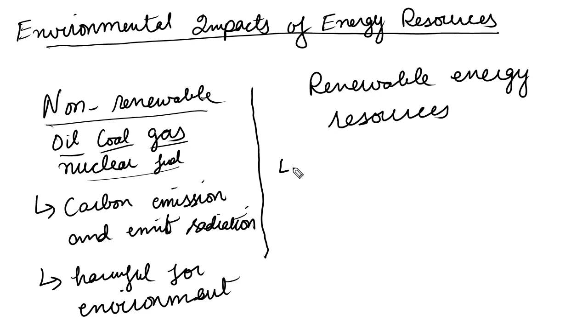On the other hand, although the renewable energy resources are not that much reliable, they are safe for the environment because it's a clean energy. Wind does not cause any environmental harm. The energy from the tides, the energy from the sun, the energy from the water waves, they do not harm the environment in any manner.